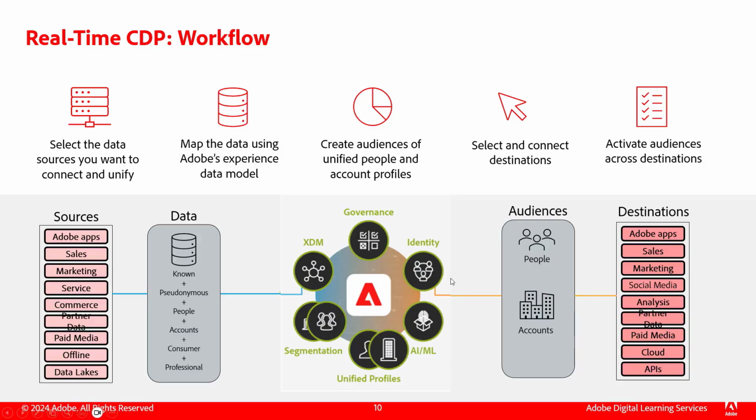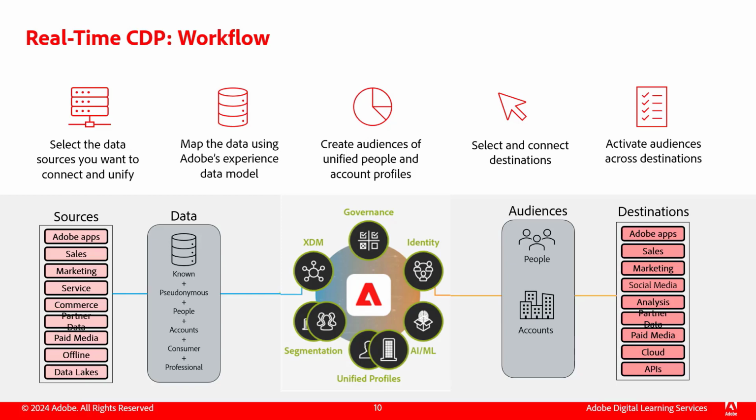Subsequently, once you have a unified profile, you will utilize the segmentation service associated with the real-time customer profile data store to create audiences. And these audiences are a collection of profile fragments with common characteristics using the segment definition rules.